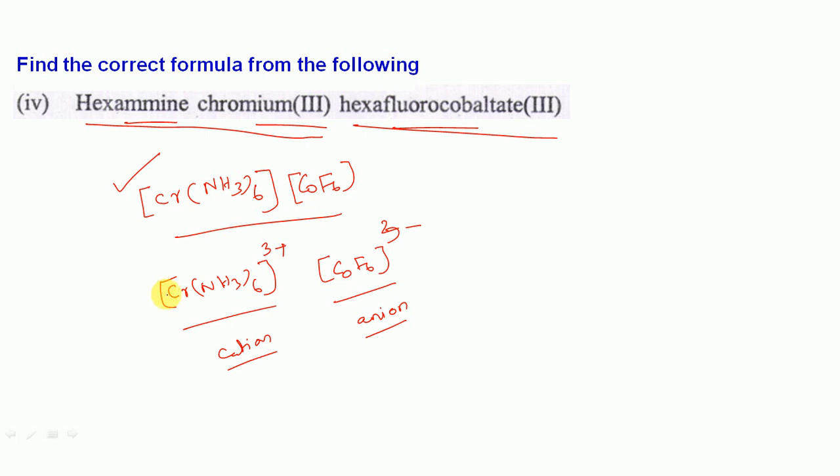Both of them are octahedral complexes. Here all 6 ammine are surrounded by the chromium central metal atom, and here all fluorine are surrounded by the cobalt metal atom.